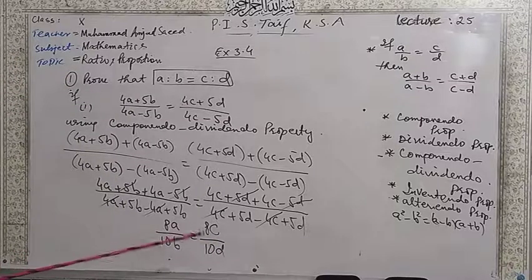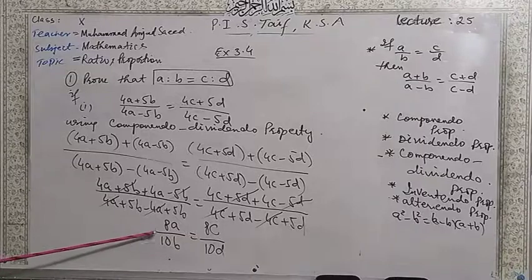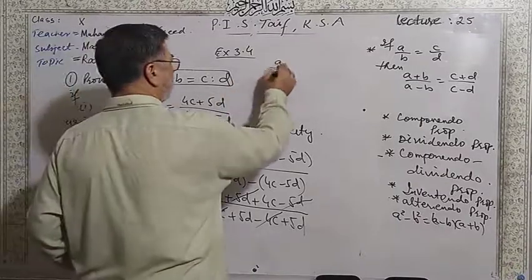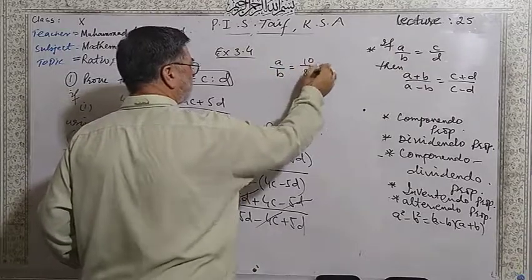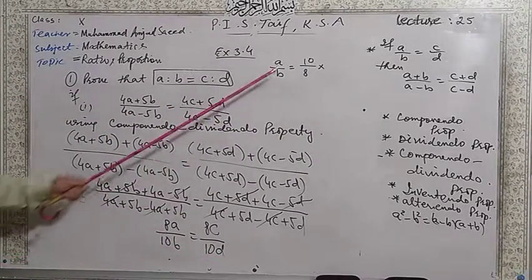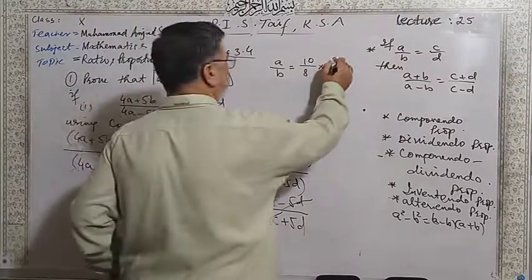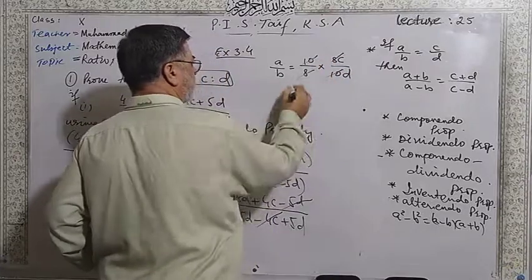Dear students, you have 8 over 10. Bring this 8 over 10 on the right hand side. What you will have? A over B is equal to 10 over 8, and we have 8C over 10D. 10 cancel, 8 cancel.